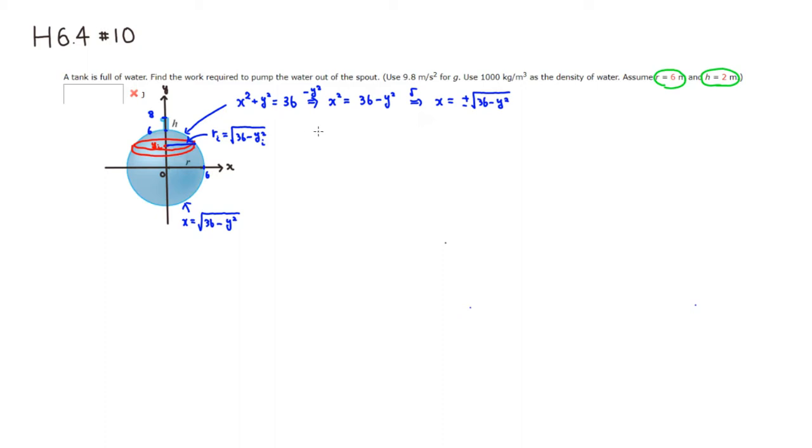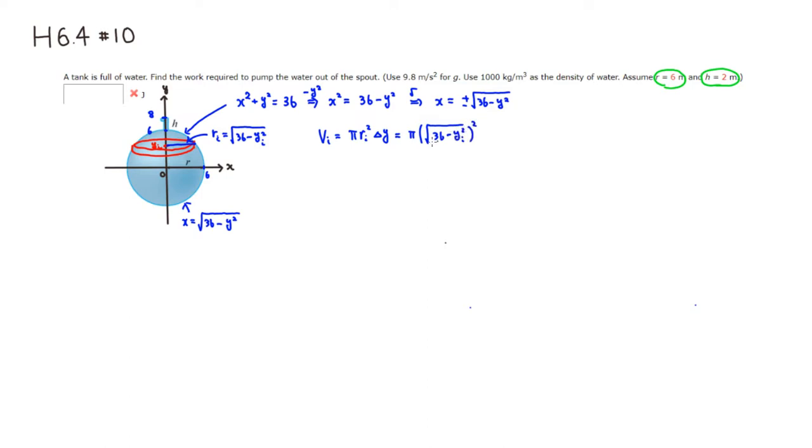Let's find the volume of this approximating cylinder. We have to find the cross-sectional area, which is going to be a disk, so it's pi r squared. And the width is, as usual, delta y. So it's pi, and r is now the square root of 36 minus yi squared.